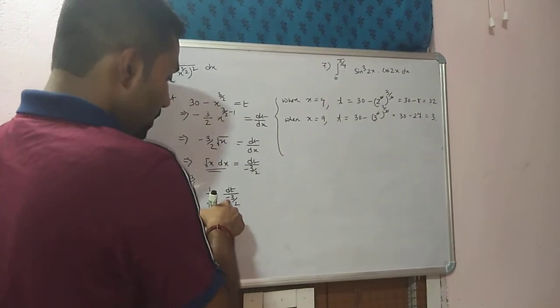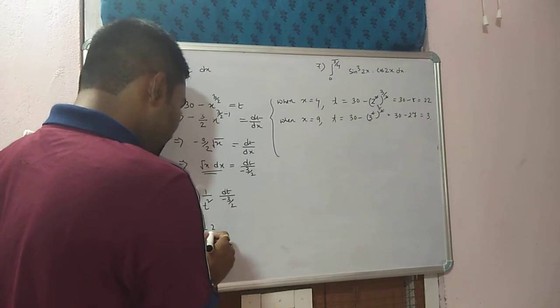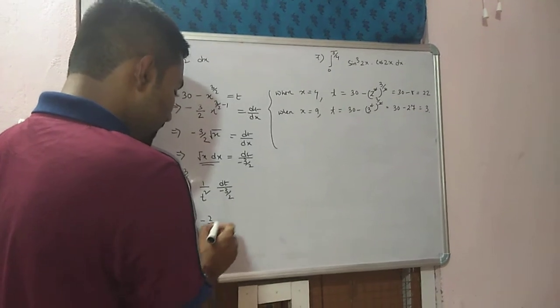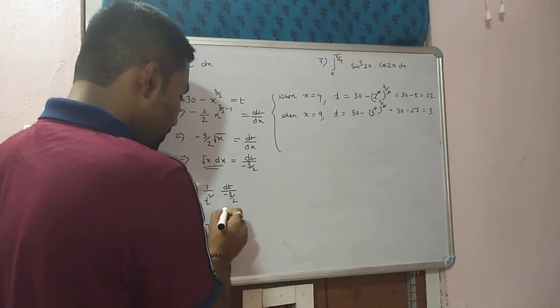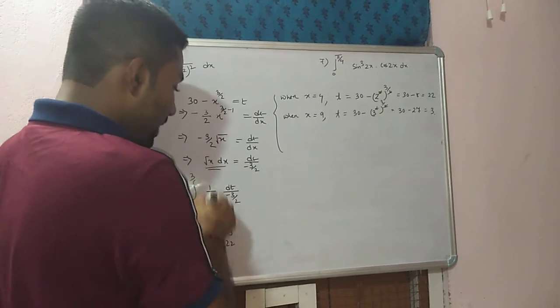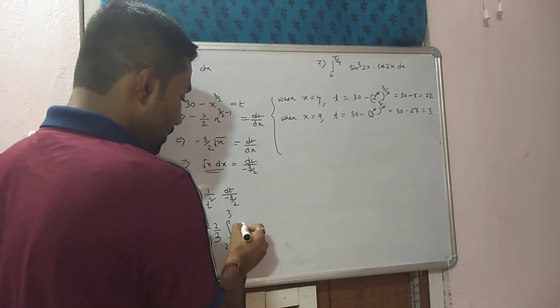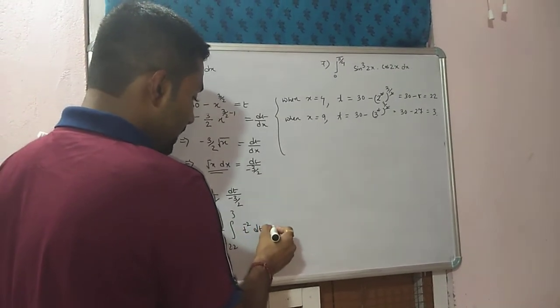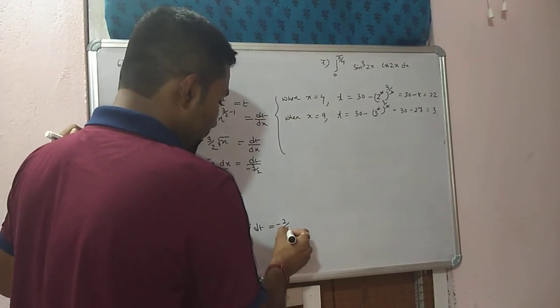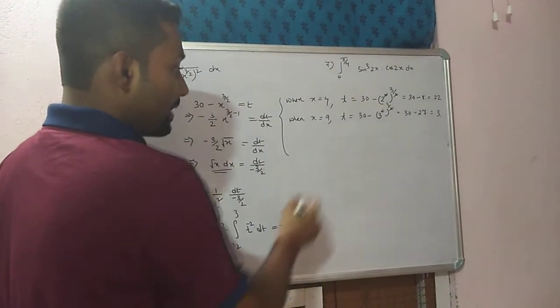Taking the minus 3 by 2 outside gives minus 2 by 3. The integration from 22 to 3 of 1 by t square, that means t to the power minus 2 dt. What is its integration?